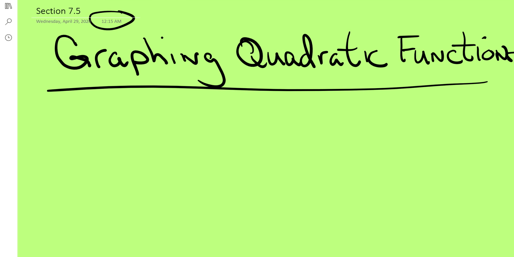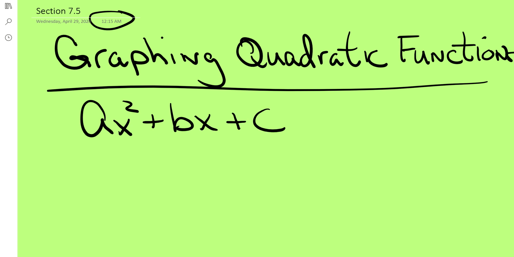So what we need for this is the standard form of the quadratic equation, which is ax squared plus bx plus c, and we can set that equal to 0.